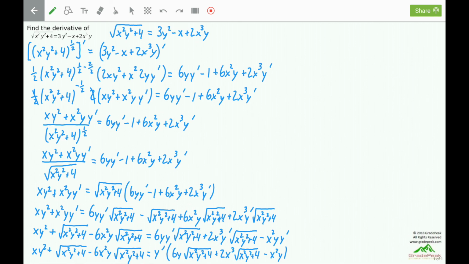To solve for y prime, we divide both sides by what's inside the parentheses on the right side. I will write the result up here, so I have room for it.